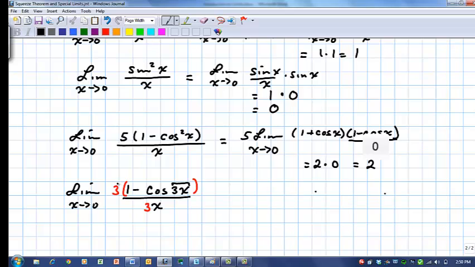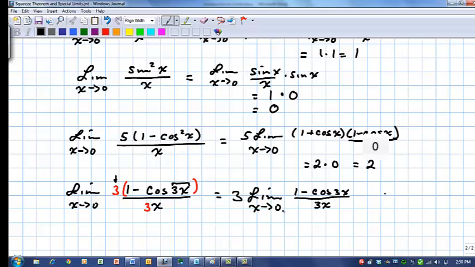Now when I do that, this 3 in the top I will pull out of the limit. So this is going to be equal to 3 times the limit as x approaches 0 of 1 minus cosine 3x over 3x. Now note that as x approaches 0, 3x also approaches 0.